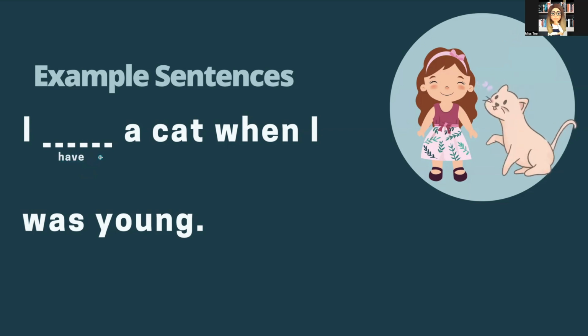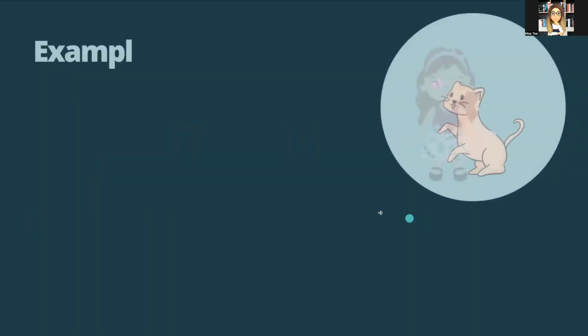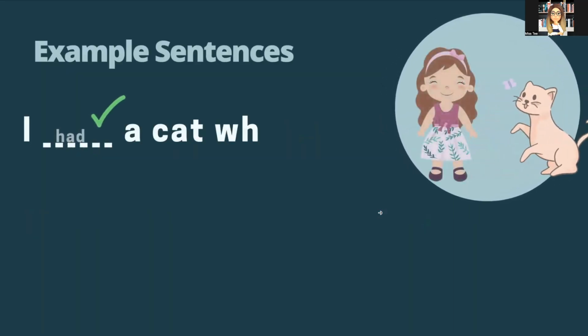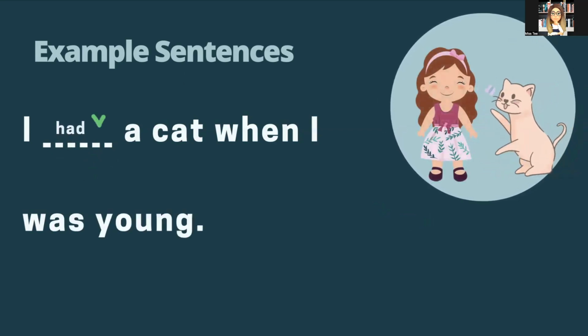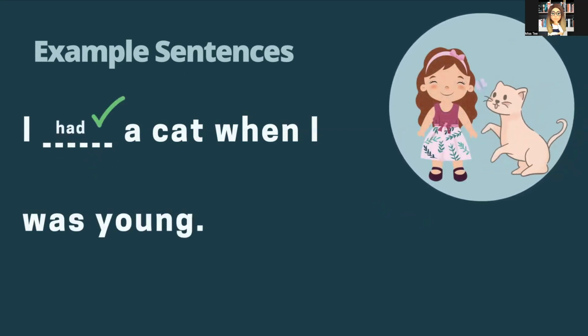We have to conjugate it in a different way, different spelling. So how do we do that? Let's see. Here's the answer. I had a cat when I was young. So here, the simple past version of have is had, H-A-D. And so that is the correct form that we're going to use, the correct V2 form.